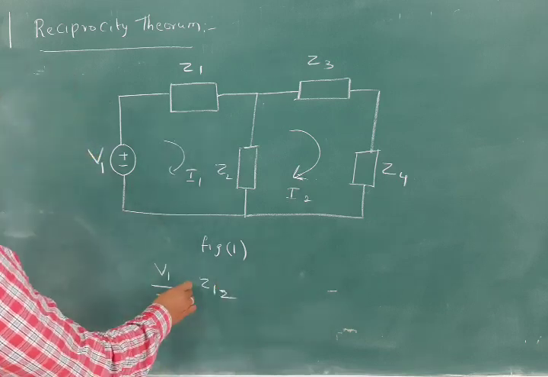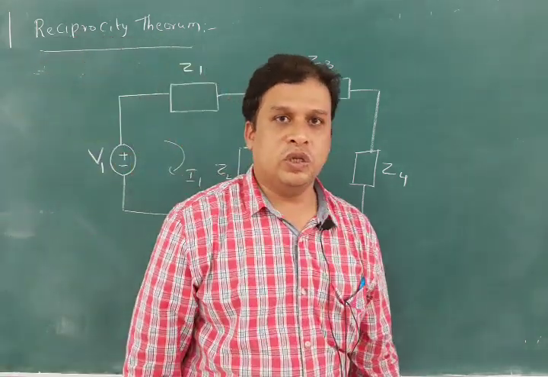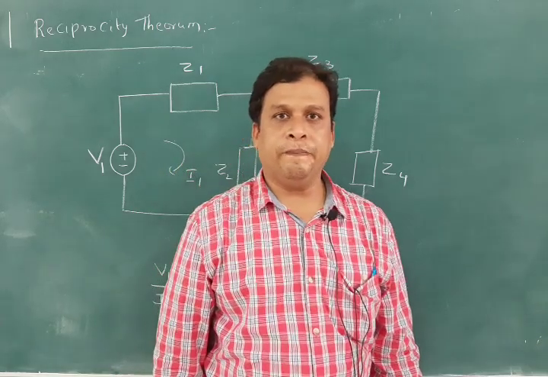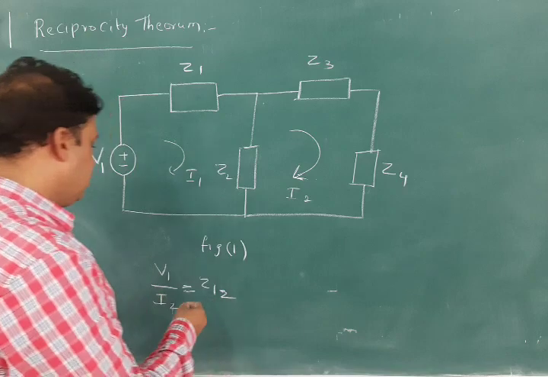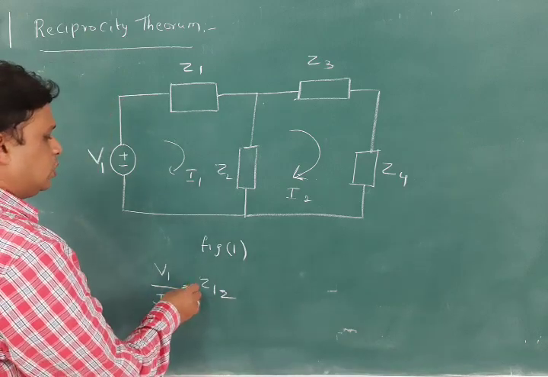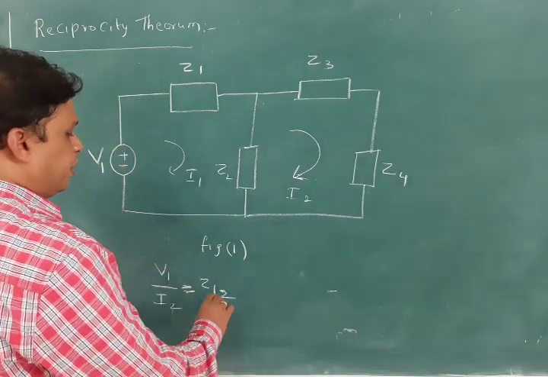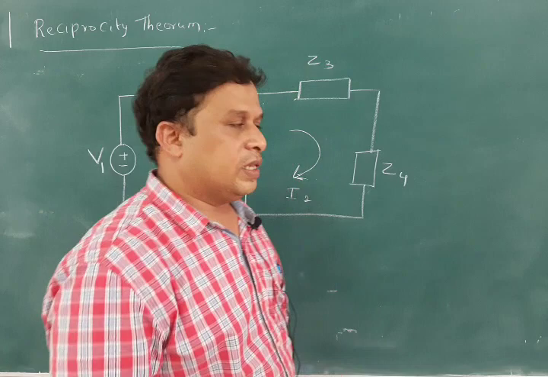V1 by I2 is equal to Z12. In the problems we have seen, Z12 is equal to Z21, where the reciprocity theorem is verified. V1 by I2 equals Z12, and it can also be called the transfer impedance.